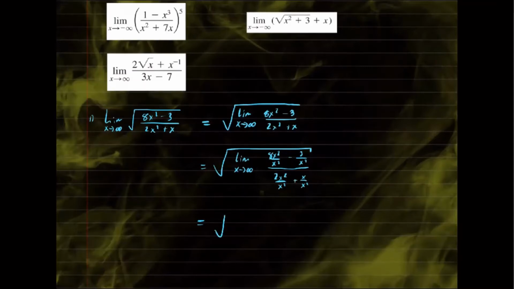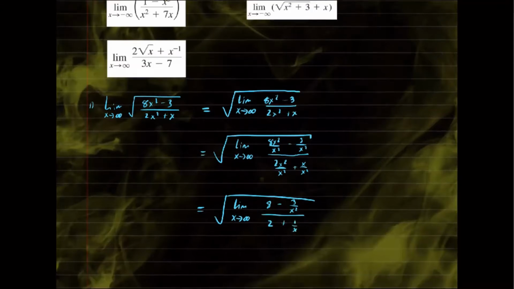So this is equal to the square root of the limit as x approaches infinity. So 8x squared over x squared, that's simply 8. And 3 over x squared, that doesn't simplify. And 2x squared over x squared, that's 2 plus 1 over x. Now let's take the limit.